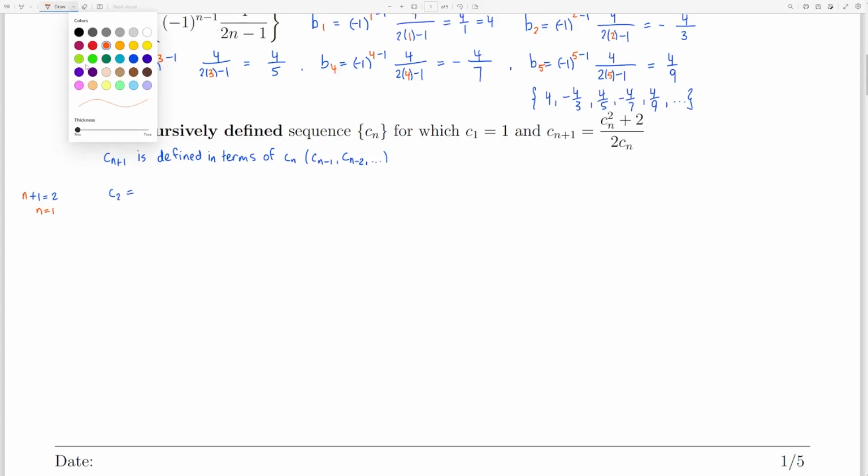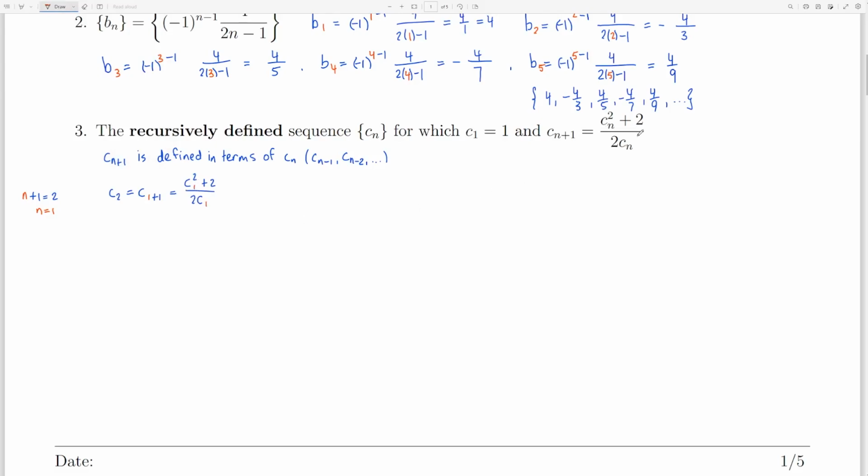So C2 is actually C sub 1 plus 1, and this is equal to C1 squared plus 2 over 2 times C1.